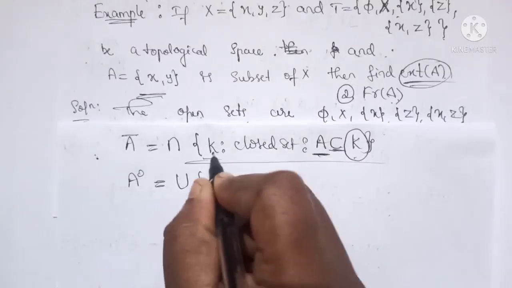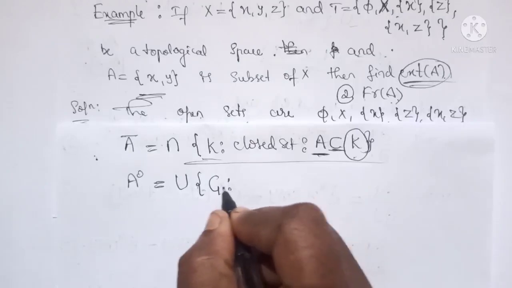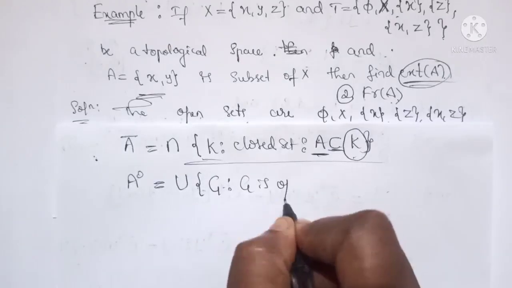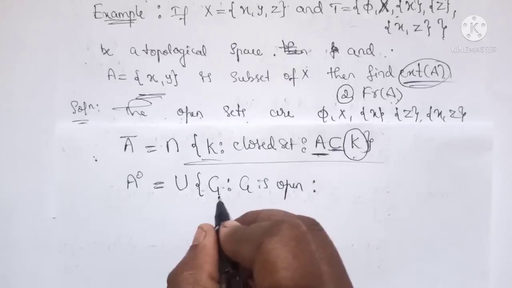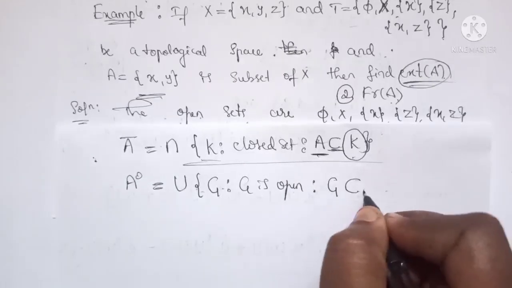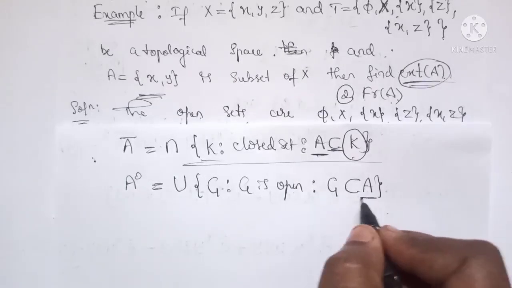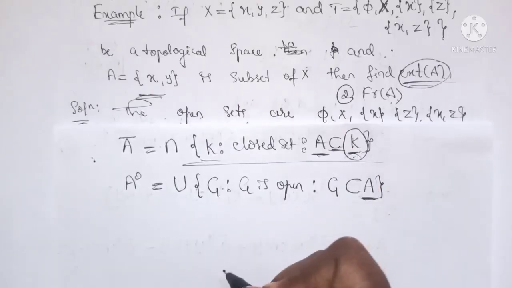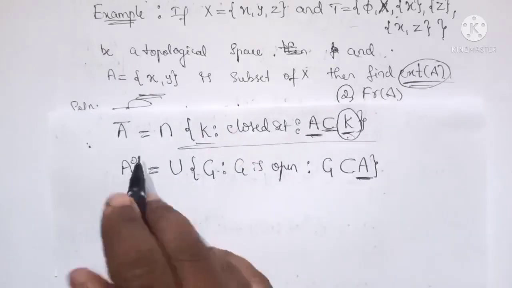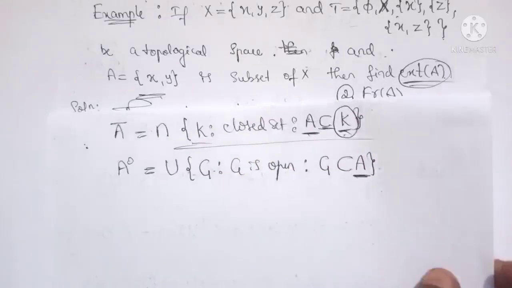We take all the open sets G such that G is a subset of A. So here K is a superset, there A is the superset. So they are totally different, but the method is the same.